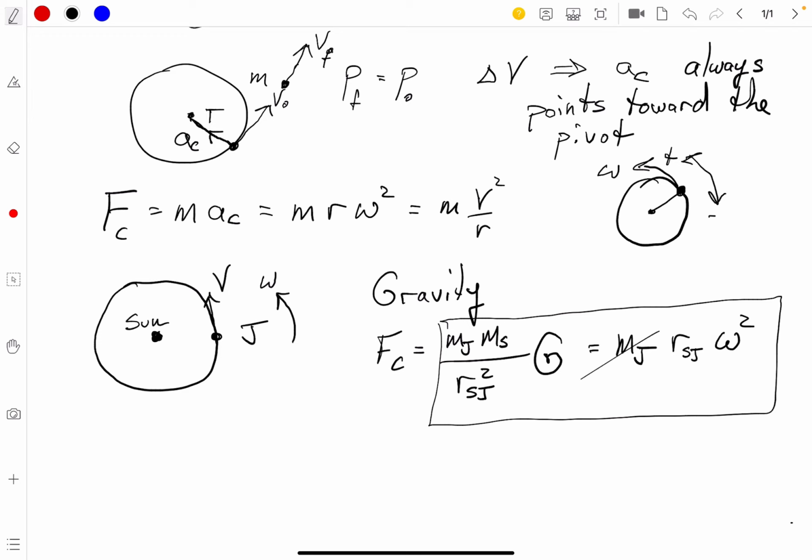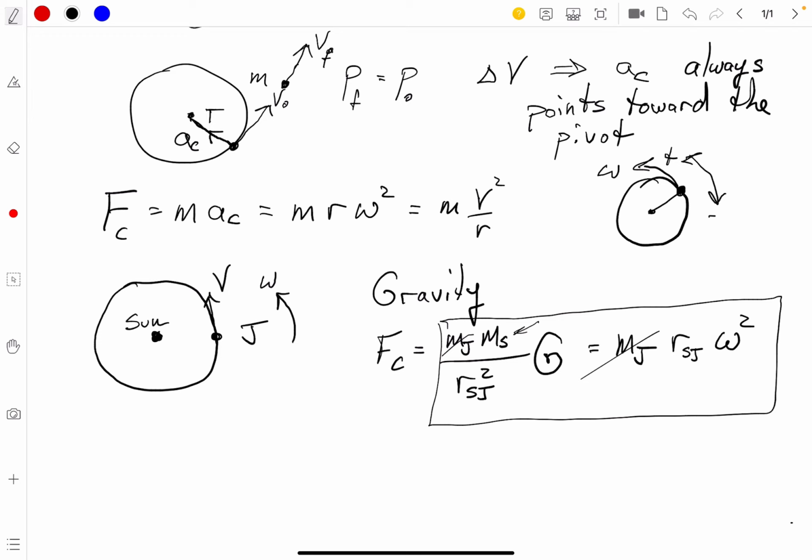The mass of Jupiter goes away. And of course, somebody would probably have to give you the mass of the sun. And don't forget, I'm going to give you G, 6.67 times 10 to the minus something. I don't have it memorized. Whatever it is, you can solve. It's an easy equation.